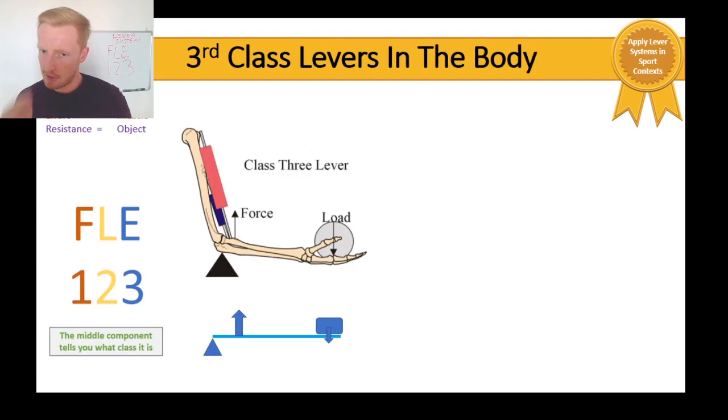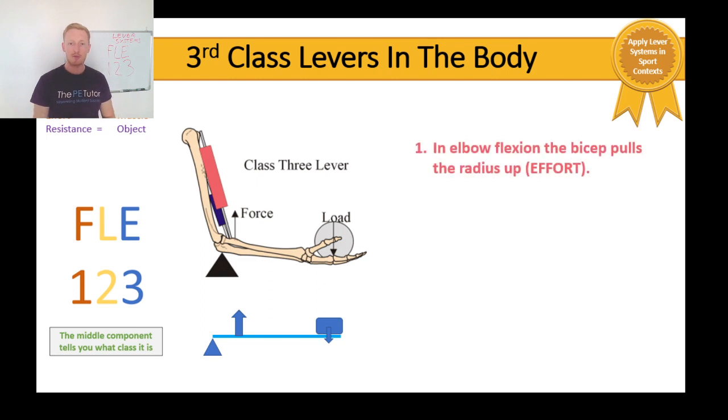Third class lever, third and final one. We're now dealing with the bicep. Now you might be thinking, especially if the position is here, the bicep is behind the elbow joint, so surely it's at that end of the lever system. FLE 1, 2, 3. Surely effort is in the middle for a third class lever.